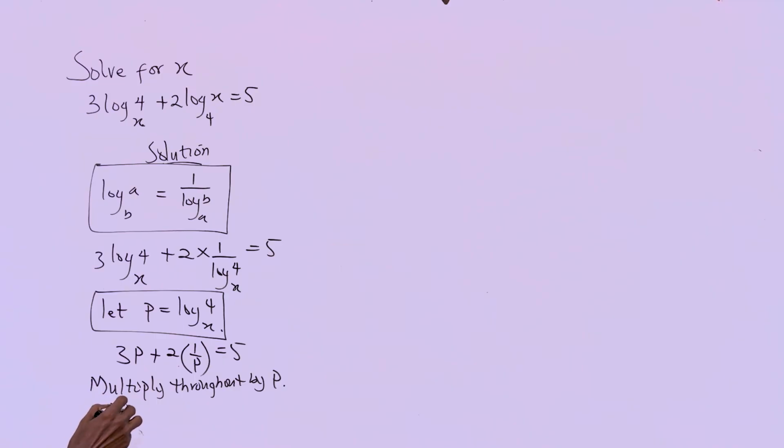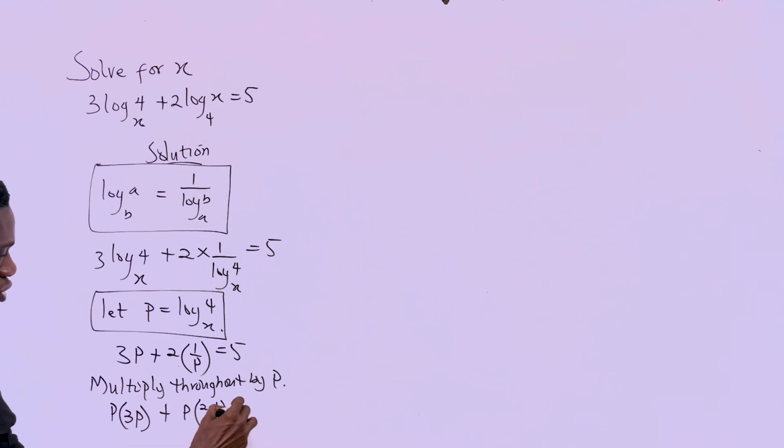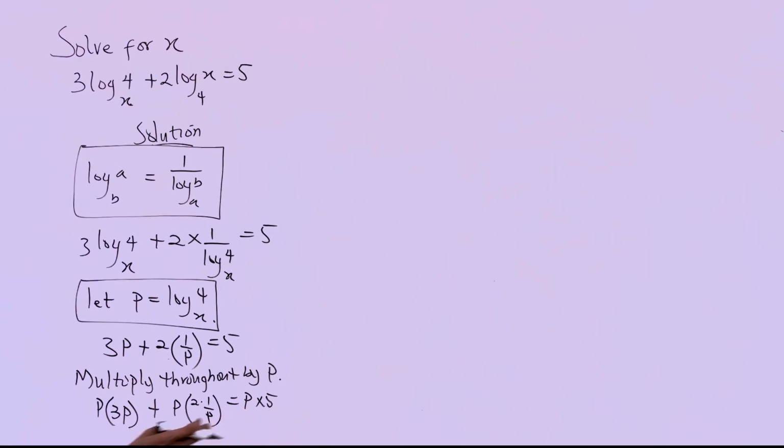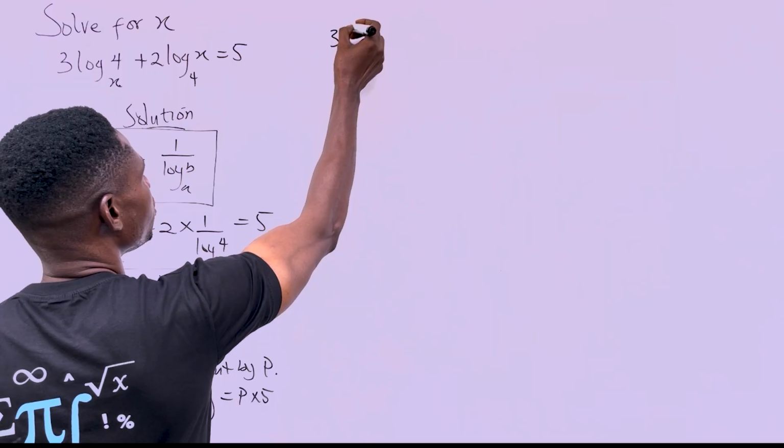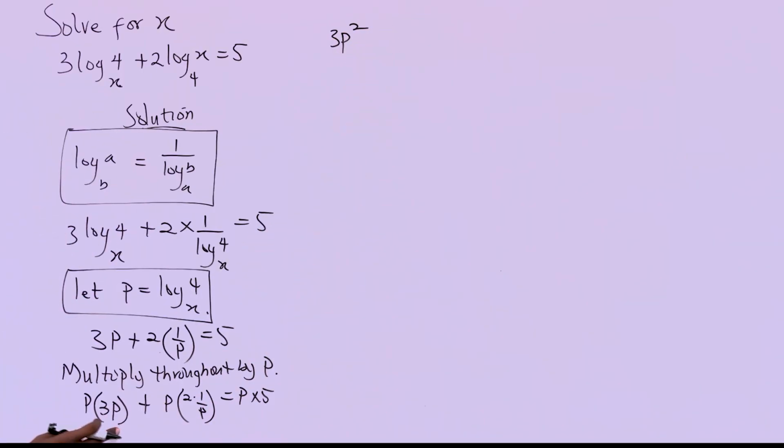So p multiplied by 3p plus p multiplied by 2 times 1 over p equals p multiplied by 5. So let's come up here. So we'll have 3p squared, that's 3p and p squared.